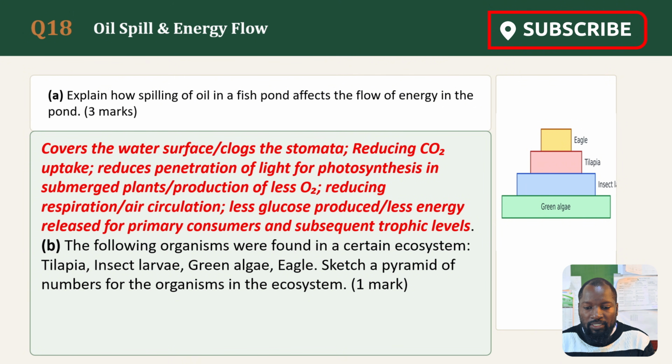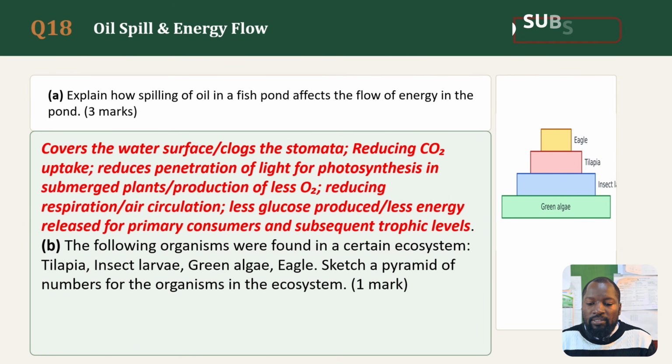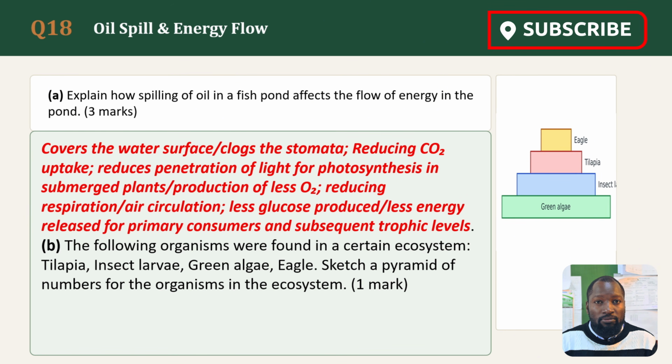Carbon dioxide. Apart from that, the same layer also reduces penetration of light, which is used for photosynthesis, especially for the submerged plants. And therefore, there will be less production of oxygen. There will be a reduction in what? In respiration, because when there's low production, there is low supply of oxygen, the rate of respiration also reduces.